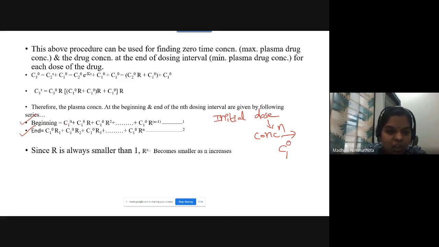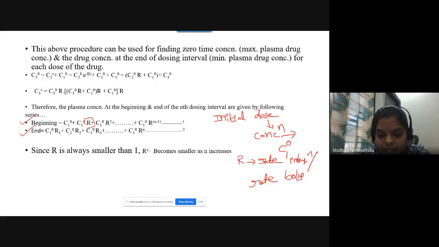So every time here you are going to add this capital R. R is nothing but the rate of infusion or the rate of bolus.